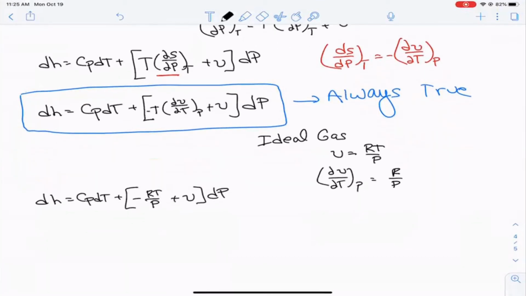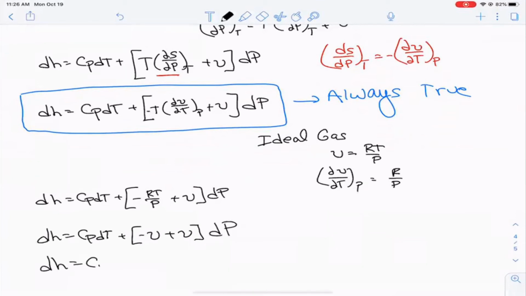And of course, minus RT over P is just equal to minus V. So that means that dH equals Cp dT plus negative V plus V dP, or dH equals Cp dT, which is exactly what we've been using for an ideal gas this entire semester. Okay?